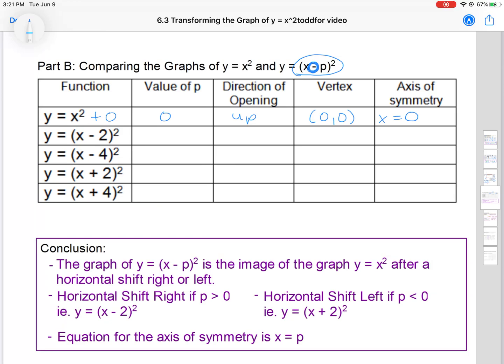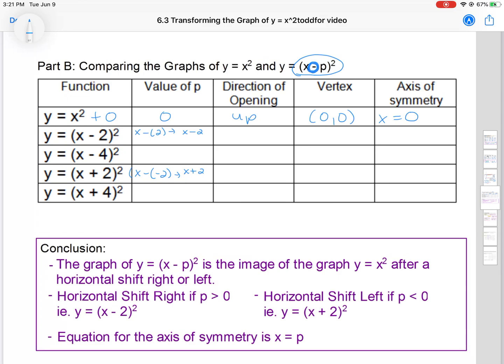So then this is like x minus negative 2. That's where you're going to get x plus 2, whereas this one is just x minus positive 2, which just makes x minus 2. So that's why it looks opposite.